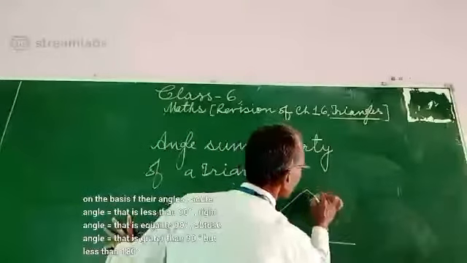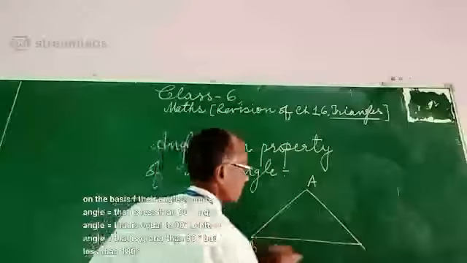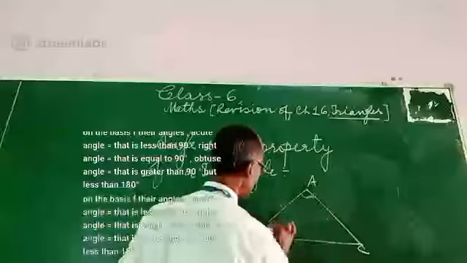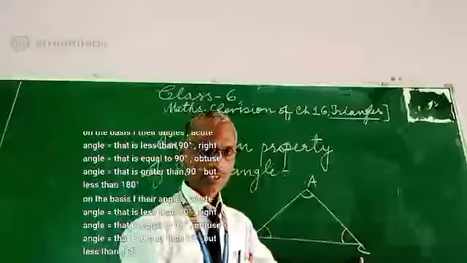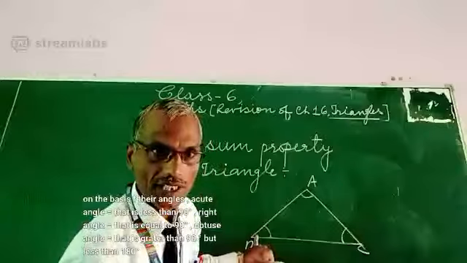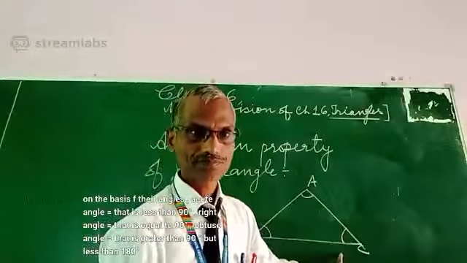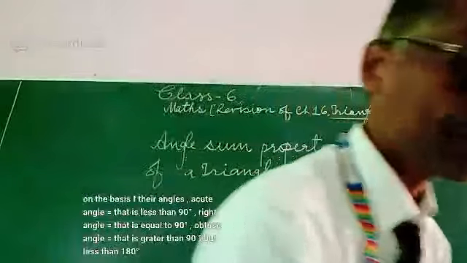Here, if A, B, C is a triangle, how many angles are there? Here are 3 angles: angle A, angle B, and angle C. What is the angle sum property of a triangle?